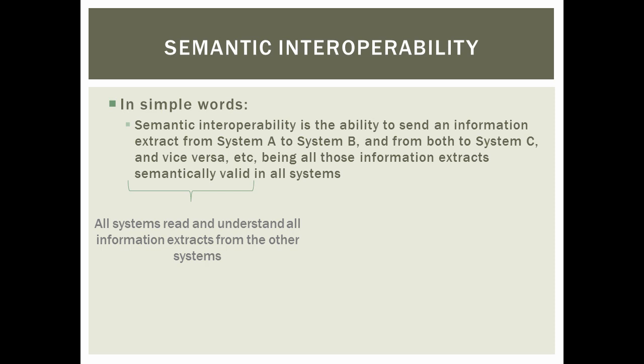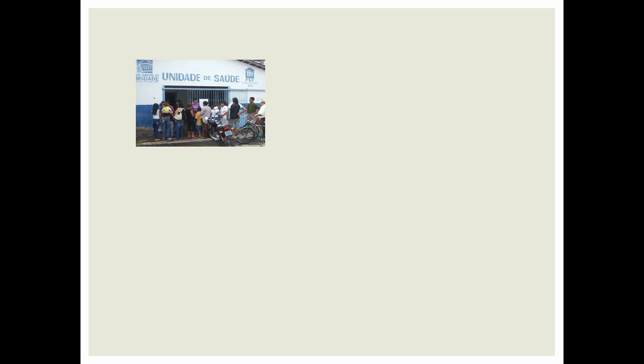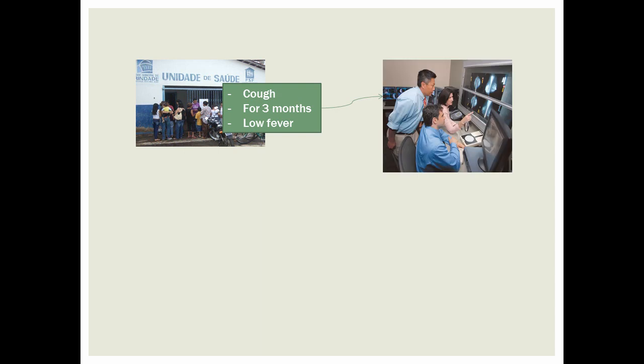Let me give an example of what I understand as semantic interoperability, and how that would happen in practical terms. You have a primary care setting, and a patient shows up with cough for 3 months and a low fever, and the physician, the GP, is not sure about the possible diagnosis and sends the patient to the radiology clinic.